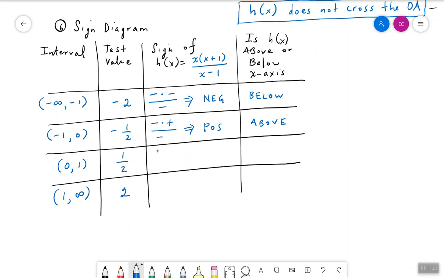And then 1/2 gives us positive, positive, and negative, so that would be negative, below the x-axis. And the last one should be all positive factors, meaning that the sign is positive and the function is above the x-axis.